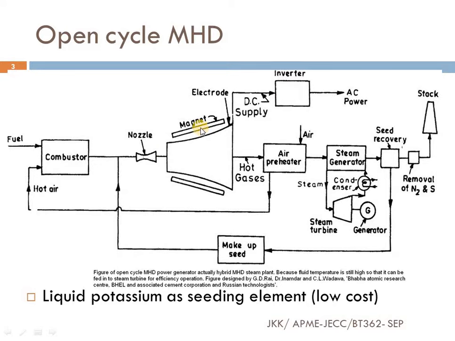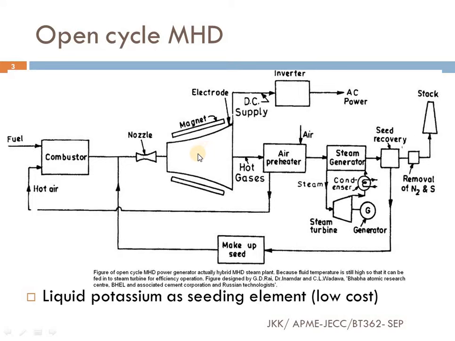The MHD generator consists of two magnets, which provide magnetic flux lines aligned perpendicular to the direction of flow of this hot gas, which, because of its high temperature, is a conductor. This conductor cuts the magnetic fluxes, and thus EMF will be generated in that gas.